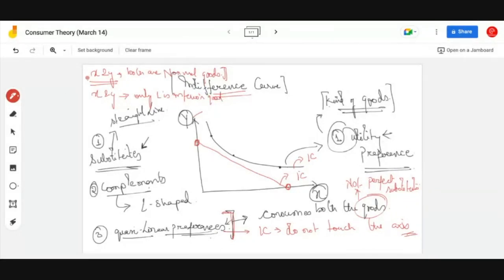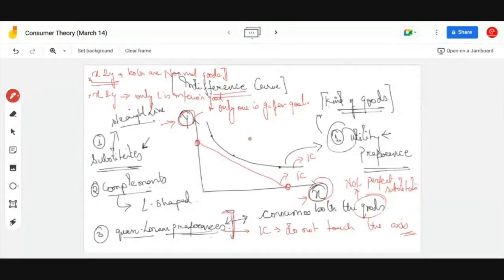And case three, again only one is an inferior good. So both cannot be inferior goods. We cannot draw an indifference curve where both X and Y are inferior goods. Is it clear? This is something we need to keep in mind, because usually they'll give you 4 different sentences and ask which one of the following is incorrect.